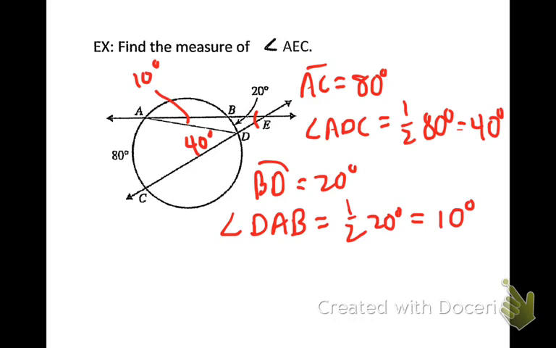We can say that angle ADC, which is the exterior angle, is equal to angle DAB plus angle AEC.